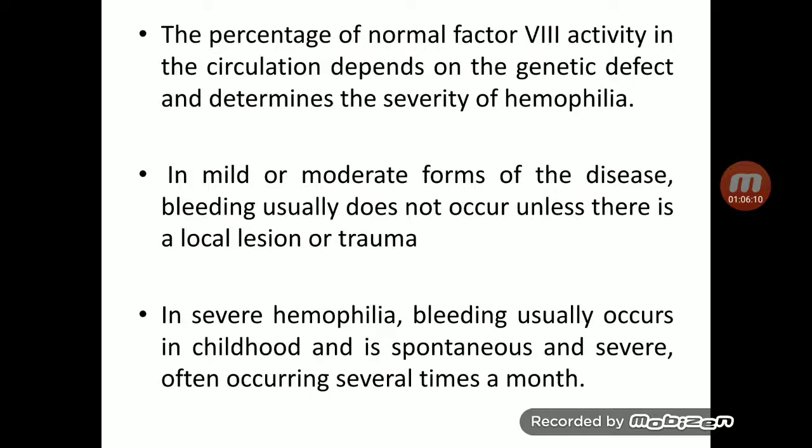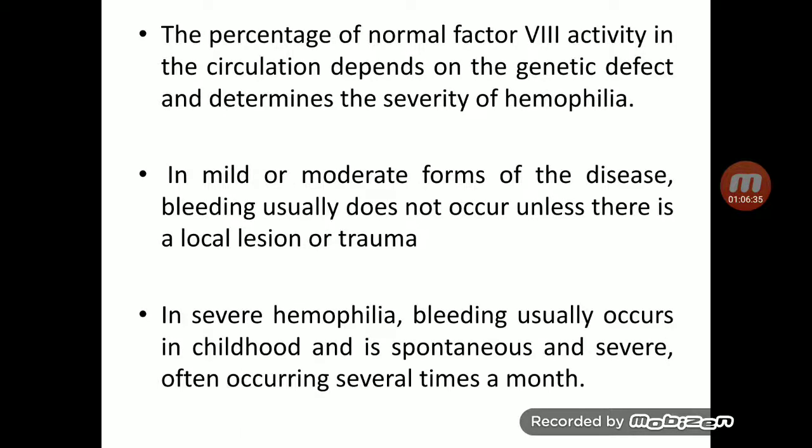The percentage of normal factor 8 activity in circulation depends on the genetic defect and determines the severity of hemophilia. That means the more severe your genetic defect, the more severe your hemophilia will be. In mild or moderate forms of the disease, bleeding usually does not occur unless there is a local lesion or trauma.